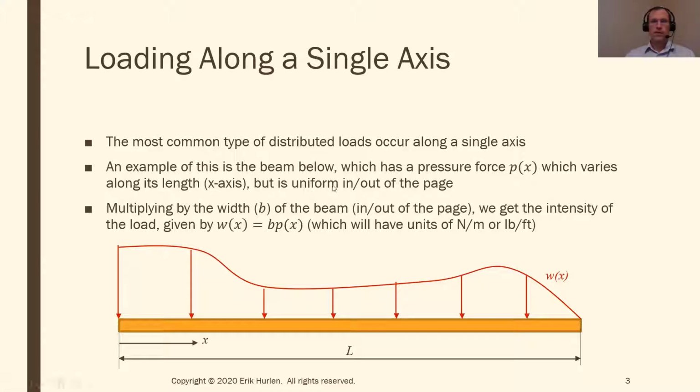So I basically take that pressure, P, as a function of x, and multiply it by the width of the beam in and out of the page, called b, and that brings me to this one-dimensional loading called w.